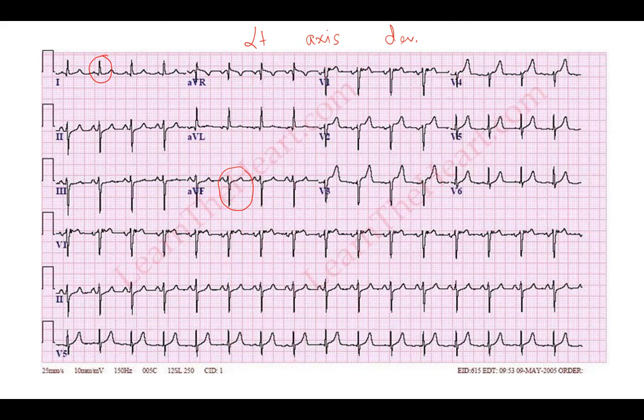Maximum upward deflection is lead 1, and also here you can see the maximum upward deflection in lead AVL. Maximum upward deflection is lead AVL, and second highest is lead 1. So again it will be in between lead 1 and lead AVL.